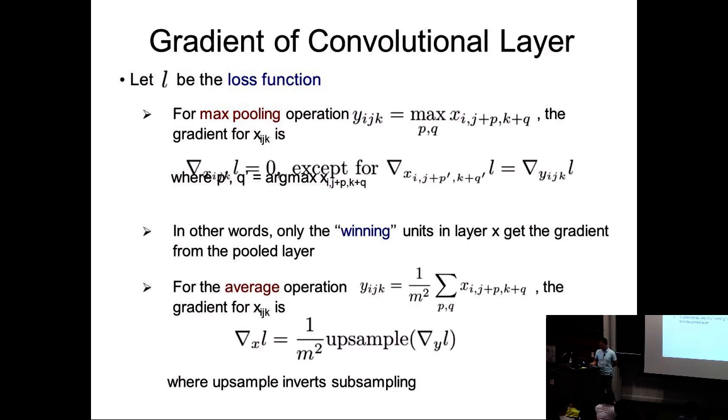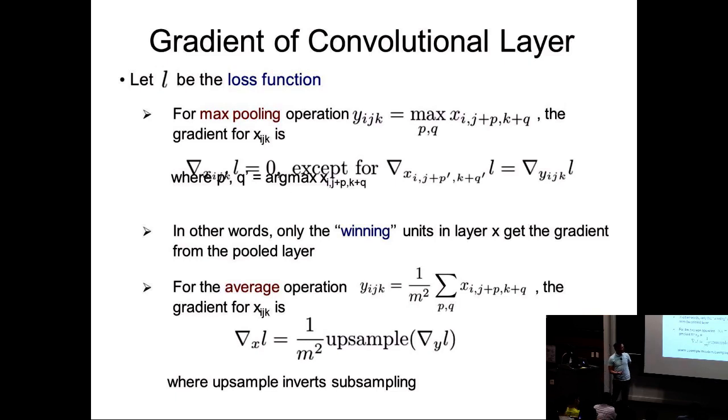In other words, only the winning units in the layer X get the gradient from the pooled layer, right? So if I'm pooling over 4 by 4, and this unit is the maximum, then I'm only propagating gradient through this unit, and I'm ignoring everything else. So it's fairly simple to implement backpropagation through the max operation.